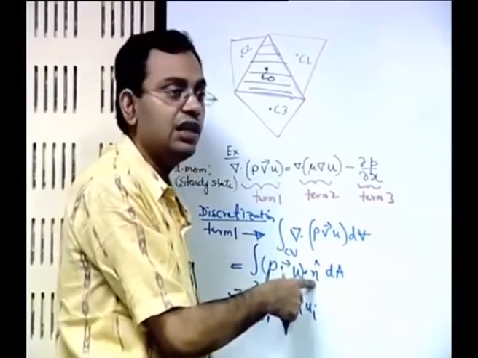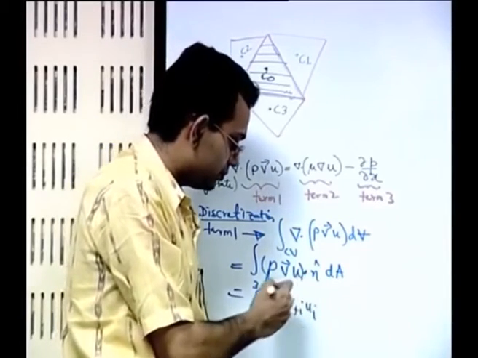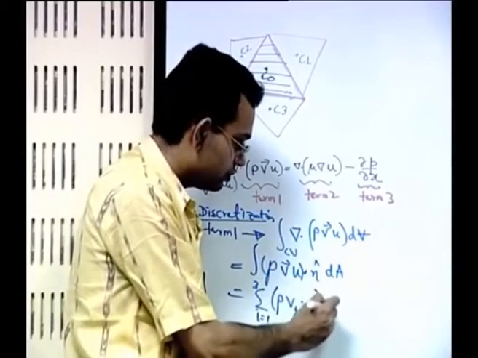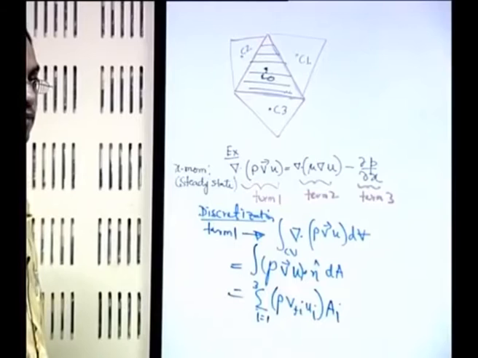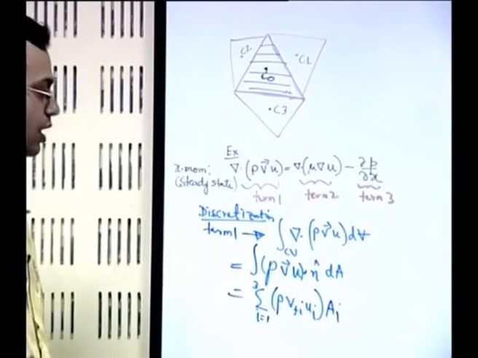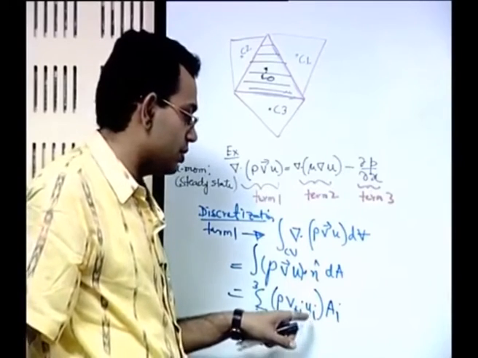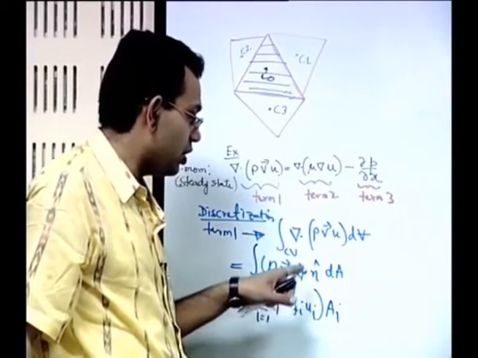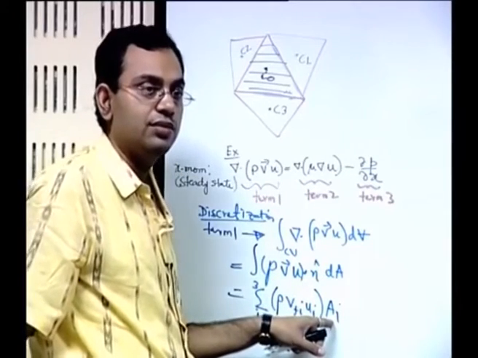V dot eta dA, that is Vfi. u we are keeping the same, and V dot eta dA is Vfi into Ai.